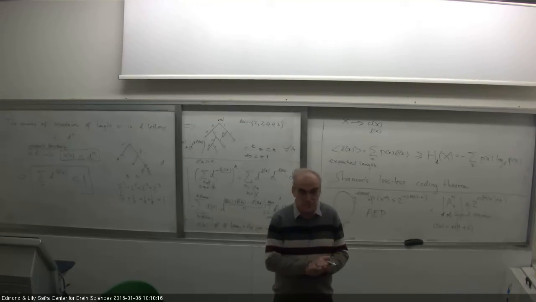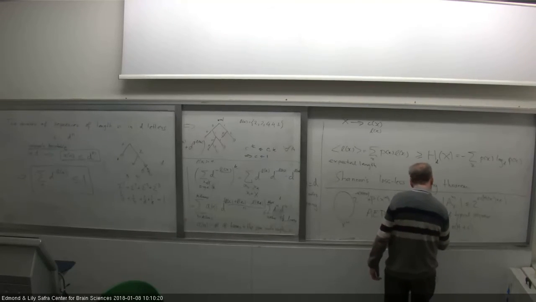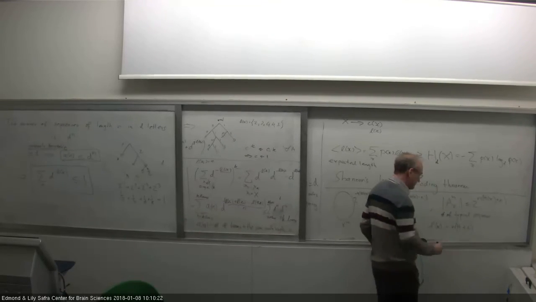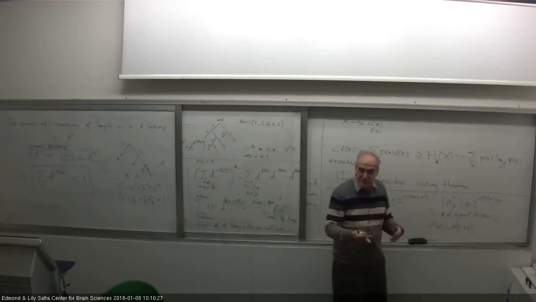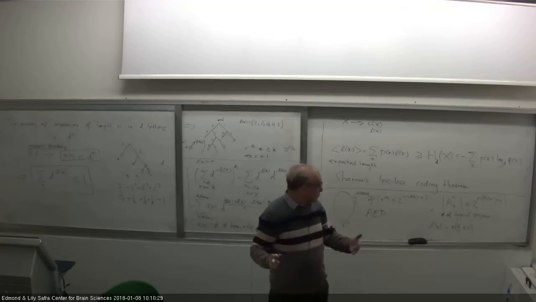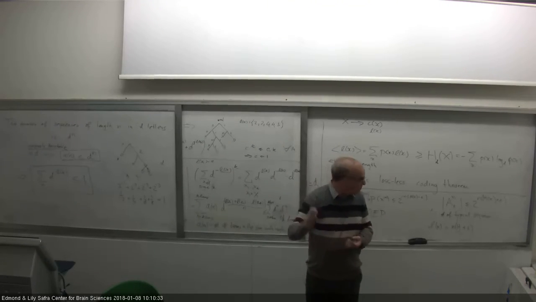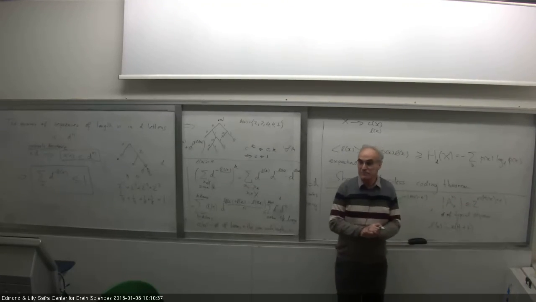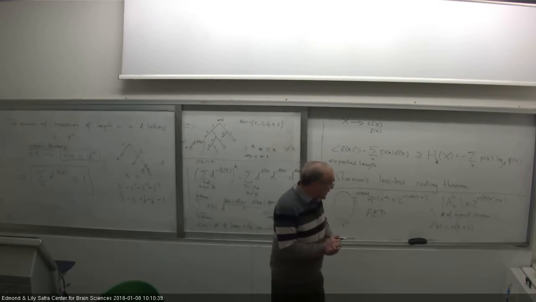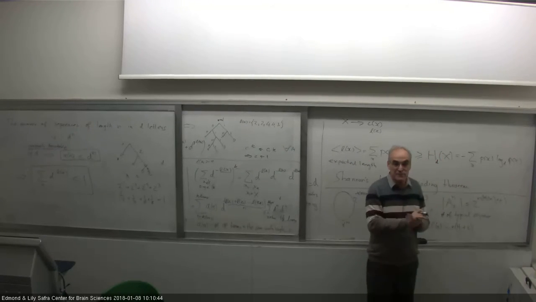If L(x) is about this, for any epsilon, then there are 2 to the nH holes in my pigeonhole, and I can put all my pigeons, which is this number. I have enough holes for all of them. This means that I can encode all the typical sequences by nH bits plus epsilon.